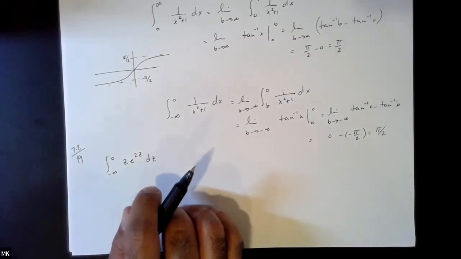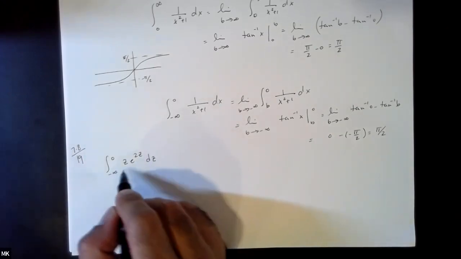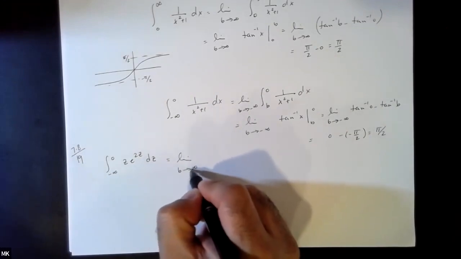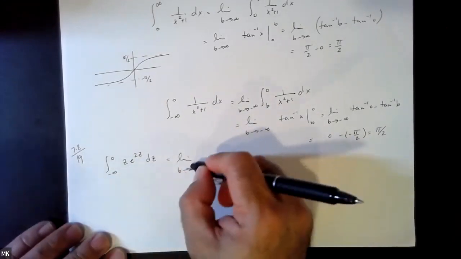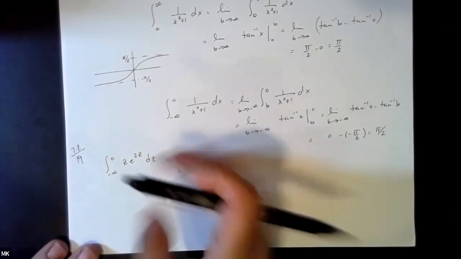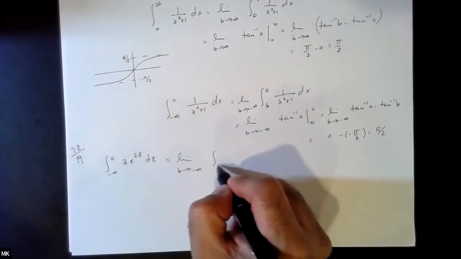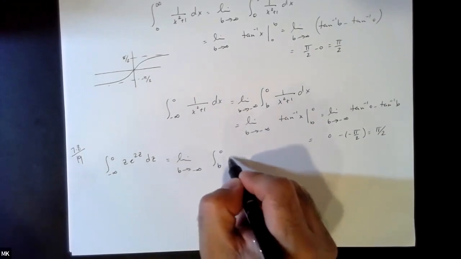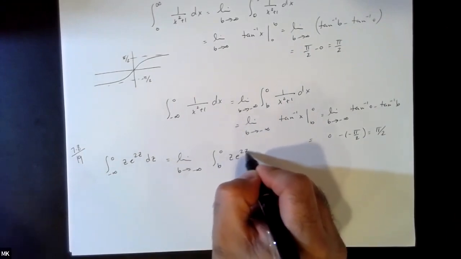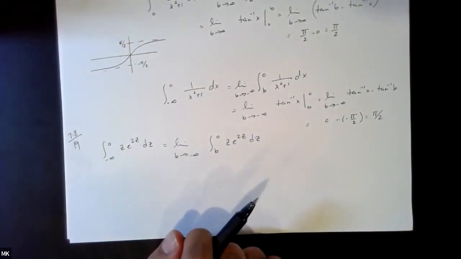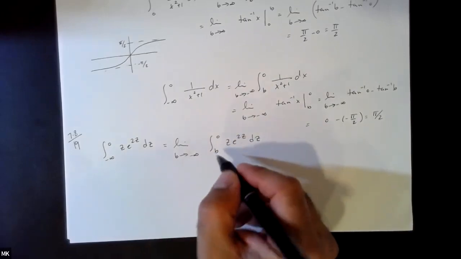So what I'm going to do is first change it to the limit form, the limit as b goes to infinity or negative infinity. Let's do negative infinity. I think that's a little smoother for our writing. Integral from b to 0 of z e to the 2z dz. I put the line on my z so you can distinguish between that and 2. Then I'm going to do integration by parts.